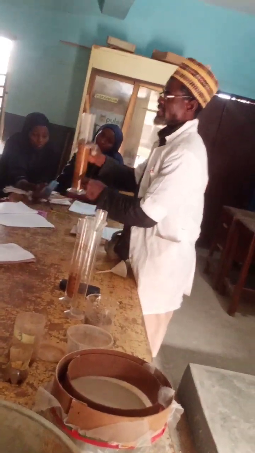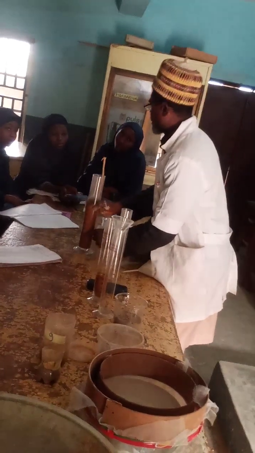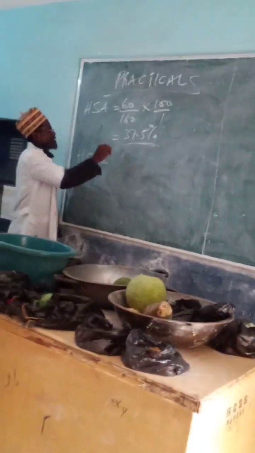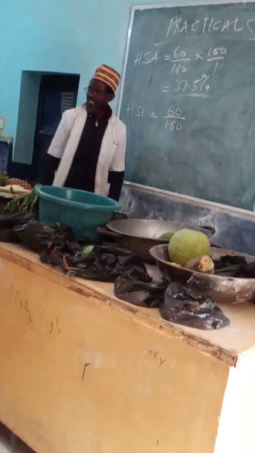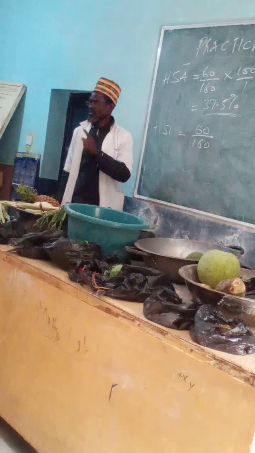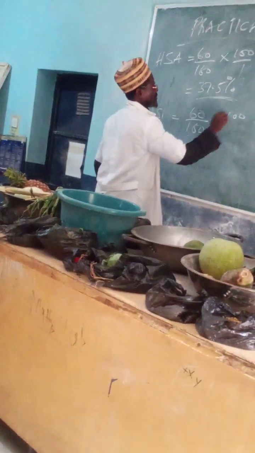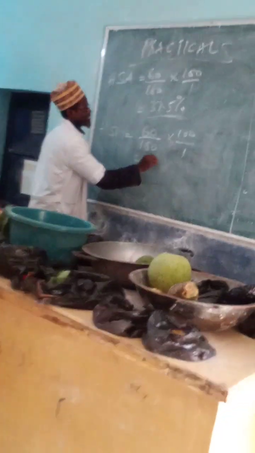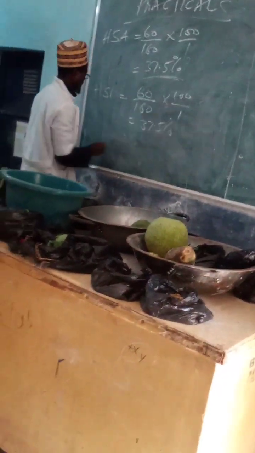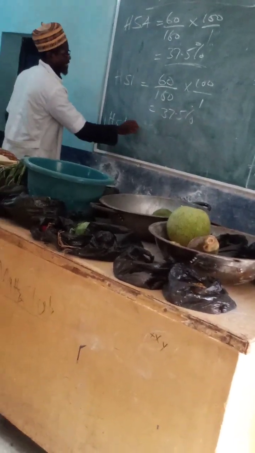What is the margin there? 60. So the height of silt is also 60 divided by 160, multiplied by 100. Our answer is equal to 37.5%.